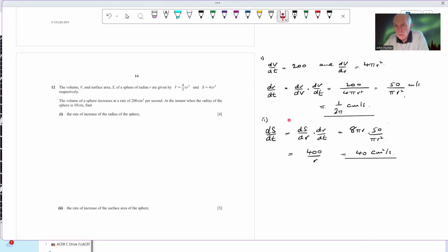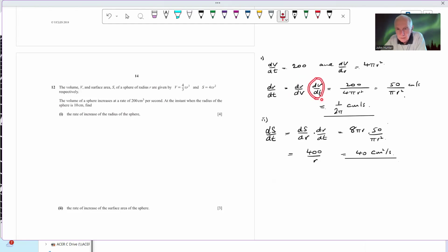We're going to apply the chain rule here because we don't know dr/dt. It's not given to us, but we can derive it from dr/dV times dV/dt.